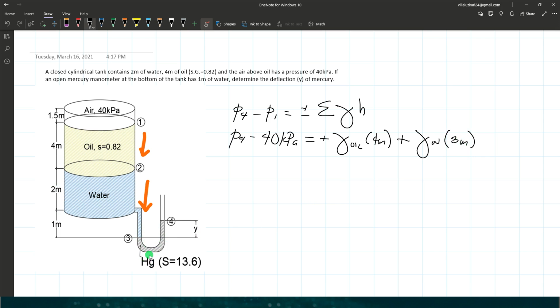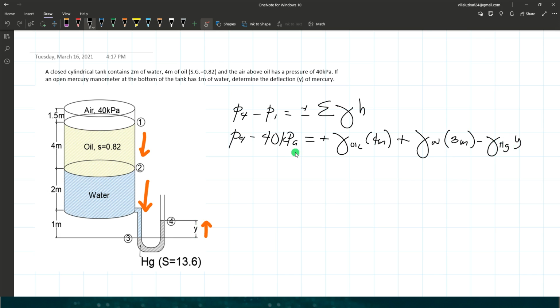Then the third fluid is the mercury. So starting at point 3 to point 4. Point 4 is above point 3, so it means we have an upward direction. So that's negative. Negative unit weight of mercury times h, which is y, the deflection of mercury.